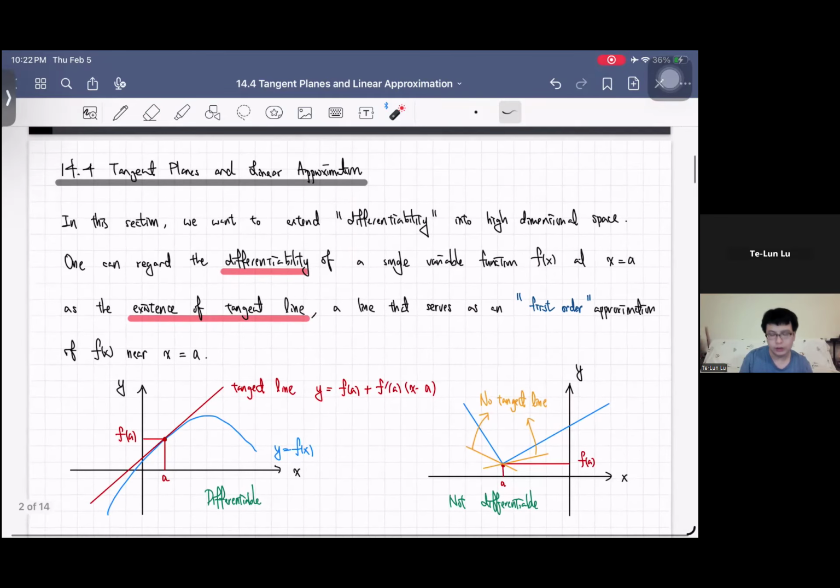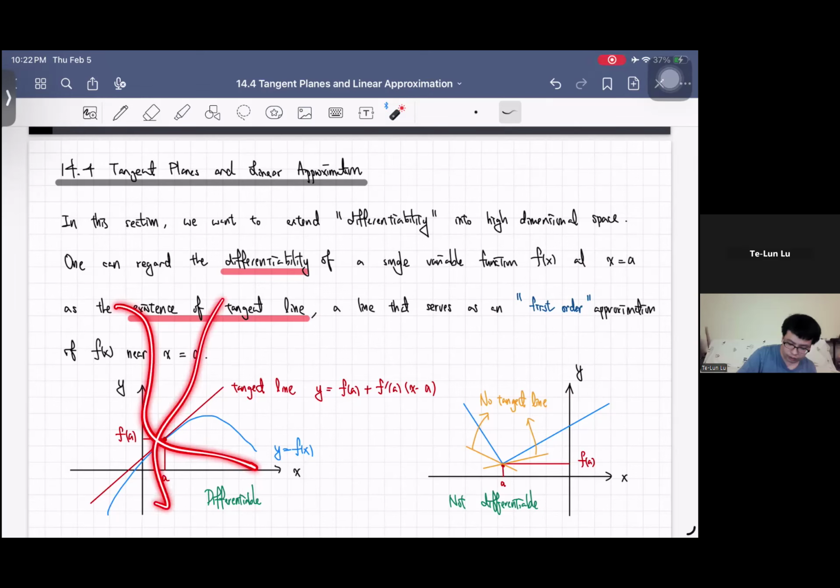This is called a first order approximation, where zero order means something that simply has the same value as f of x at the point a. For instance, these are all zero order approximations, which do not make much sense because they only approximate the point itself. They coincide with the value, but not near the value.